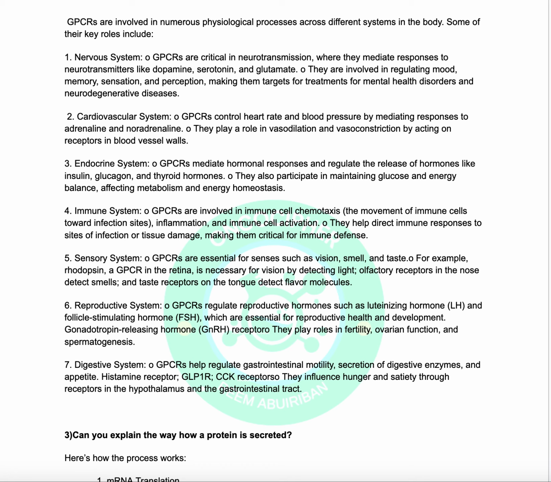About the immune system, G proteins are involved in immune cell chemotaxis, the movement of immune cells towards the infection site, and in inflammation and immune cell activation. They help direct immune responses to the site of infection or tissue damage, making them critical for immune defense.